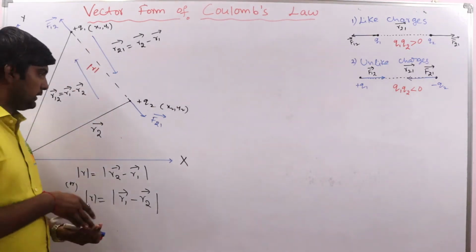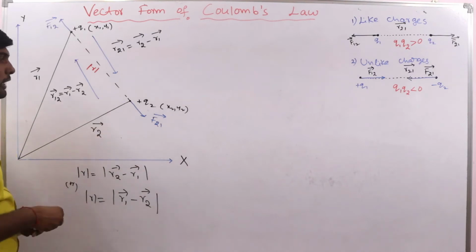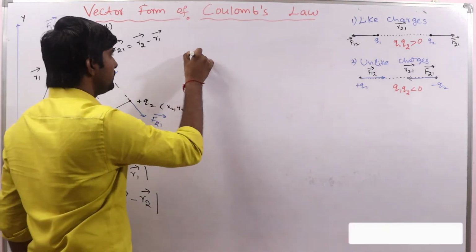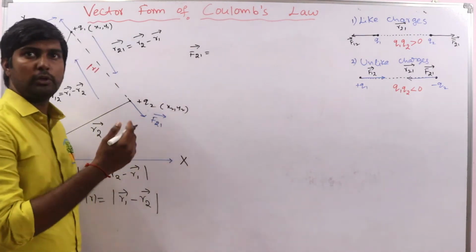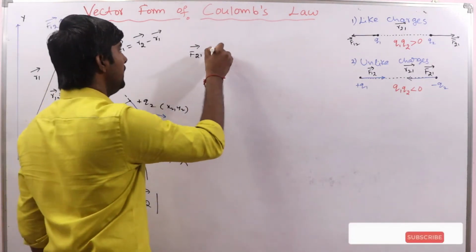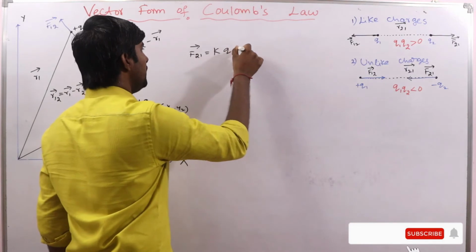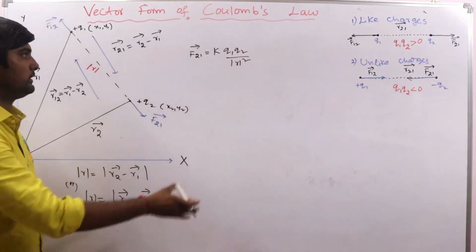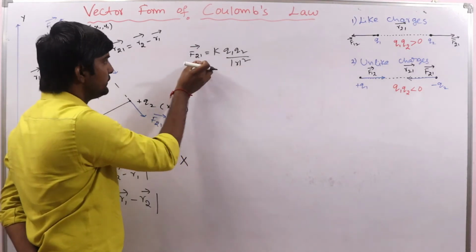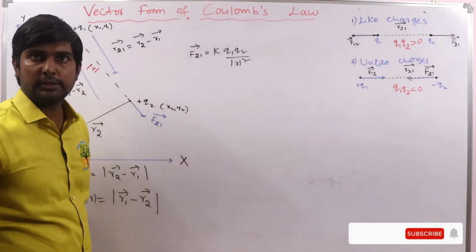Now let us consider any one of the two. Suppose I am taking the force on the second charge due to the first charge. From Coulomb's inverse square law, K Q1 Q2 upon mod r square. This is the magnitude of the force on the second charge due to the first charge.